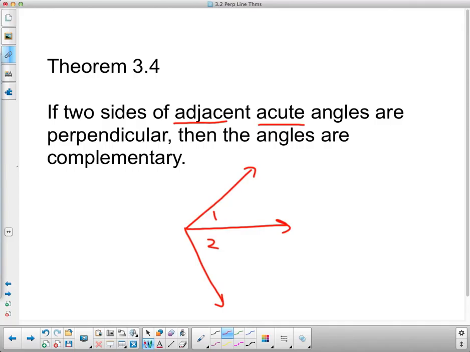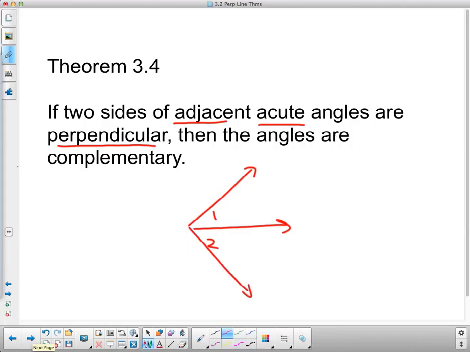Let's see if I finished the picture right. If two sides of adjacent acute angles are perpendicular, do I have a perpendicular in there? No. Not yet. So which sides do I want? Two sides of the adjacent acute angles. That's not the sides that we want. We want the first side of angle 1 and then the last side of angle 2.